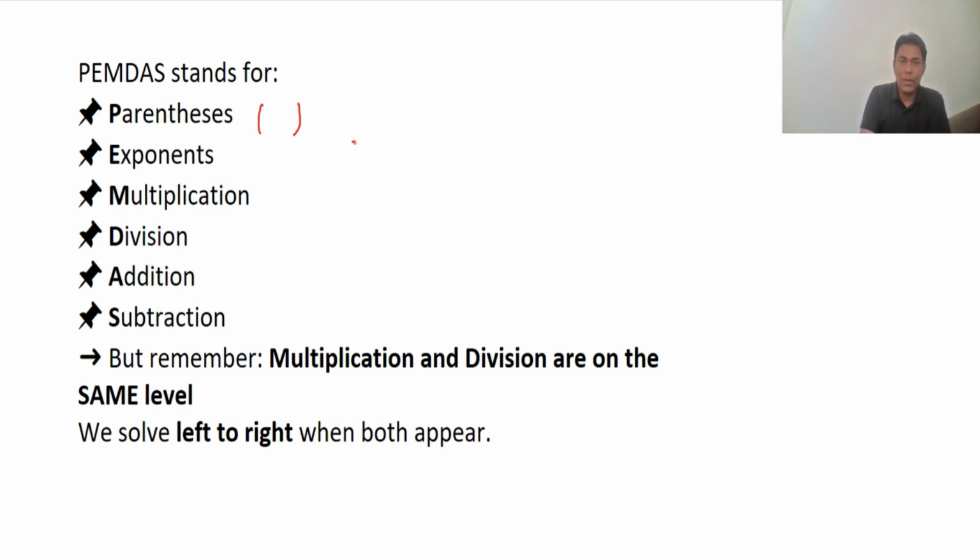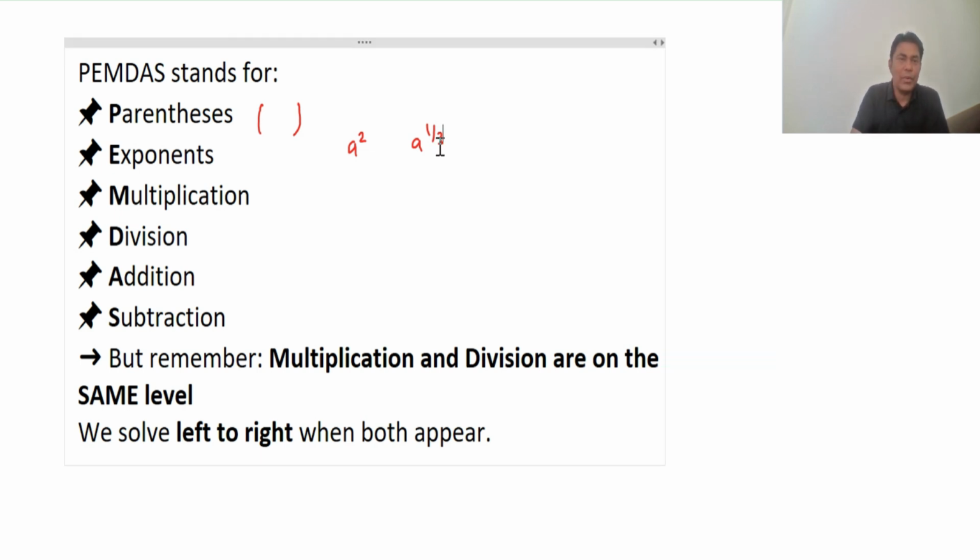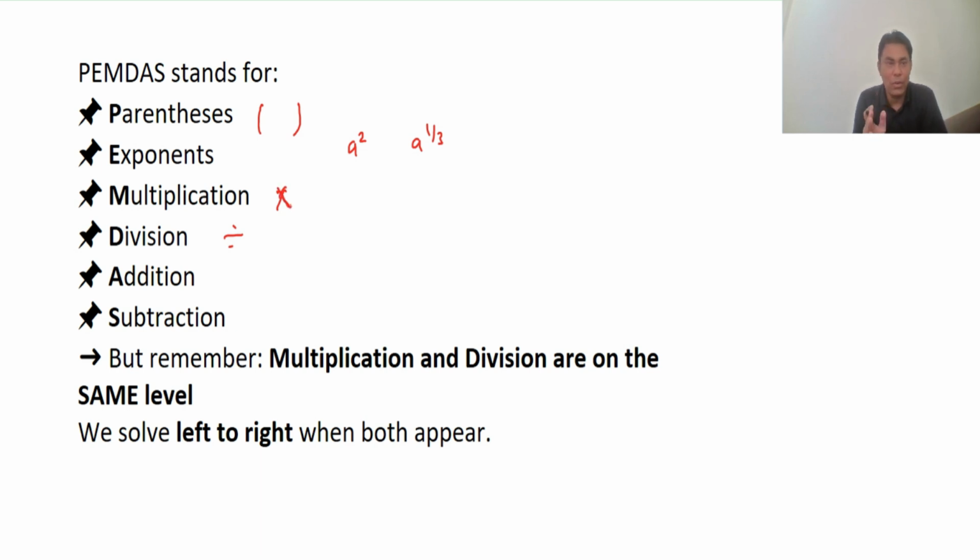If we have any term like a raised to 2 or a raised to 1 over 3, after parentheses we operate this exponent term, followed by multiplication, then division. Multiplication and division have the same precedence of operation, but they will be operated in any calculation from left to right, whichever appears first.